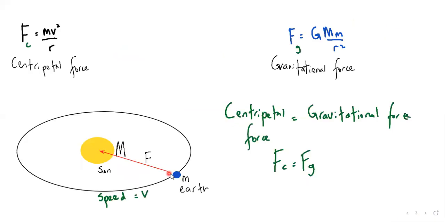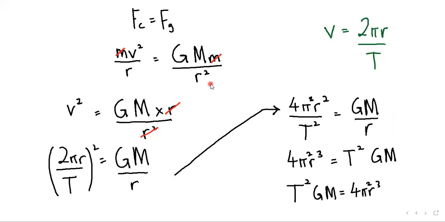The distance it travels is 2 pi r, and the time taken to complete one orbit is called the period, T. So v equals 2 pi r over T. Moving to the second step, we bring the r up, we get GM over r, and we substitute v with 2 pi r over T. As we solve this, we get 4 pi squared r squared over T squared equals GM over r.